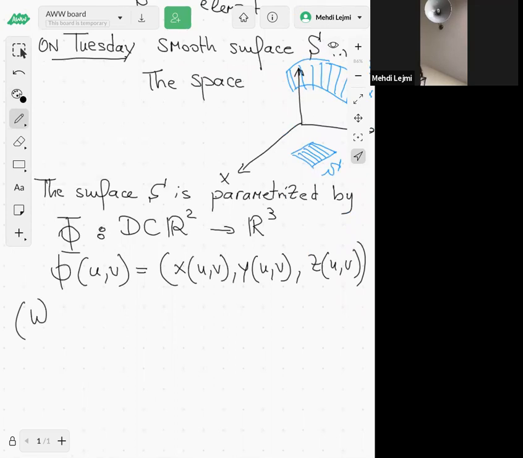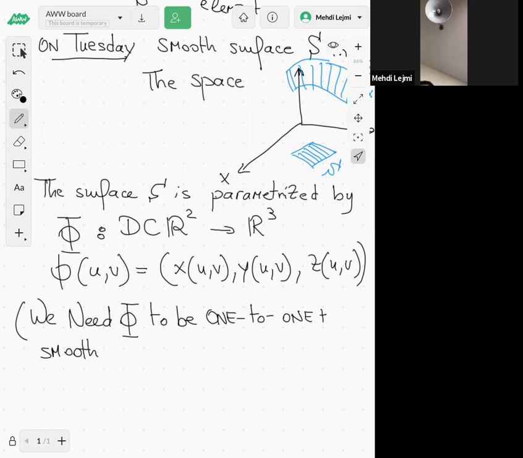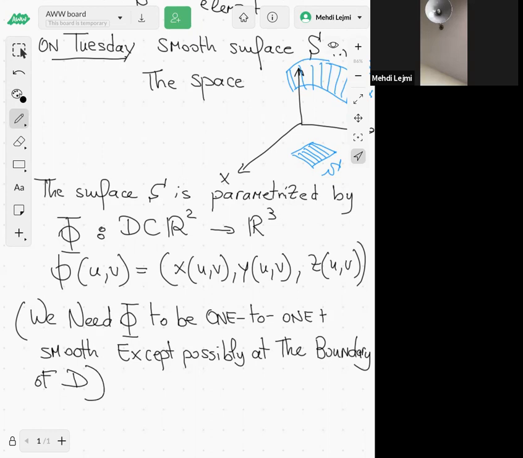If you want to apply this formula for the area of the surface, all you need is phi to be 1 to 1 and smooth, except possibly at the boundary of this region D.